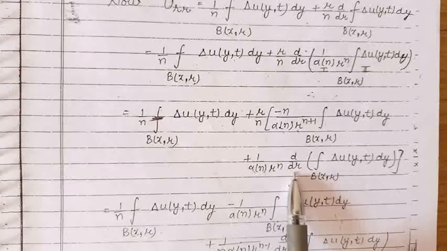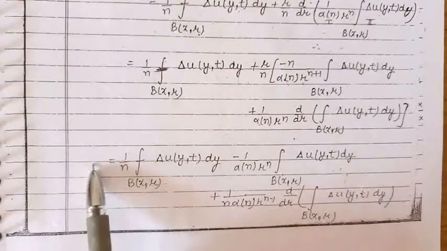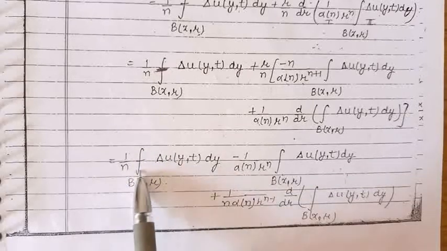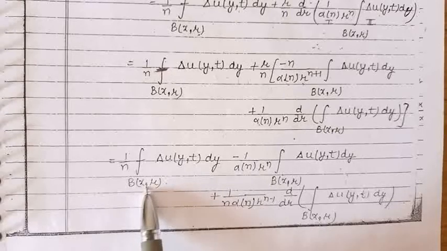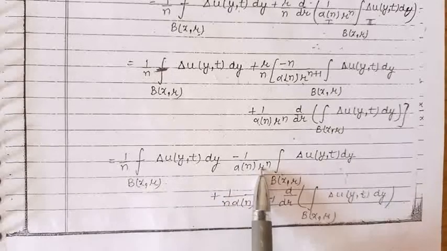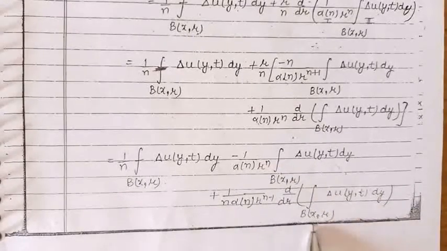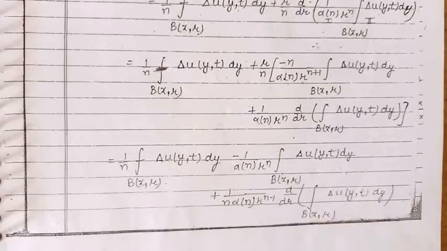Now from here, ∂²u/∂r² is equal to minus 1 by n into the average of Laplacian of u over the ball with center x, radius r. This term we have taken as it is, and in this term we will use the formula for the derivative of a function over a ball, which will be converted into the integral of the function over the sphere.